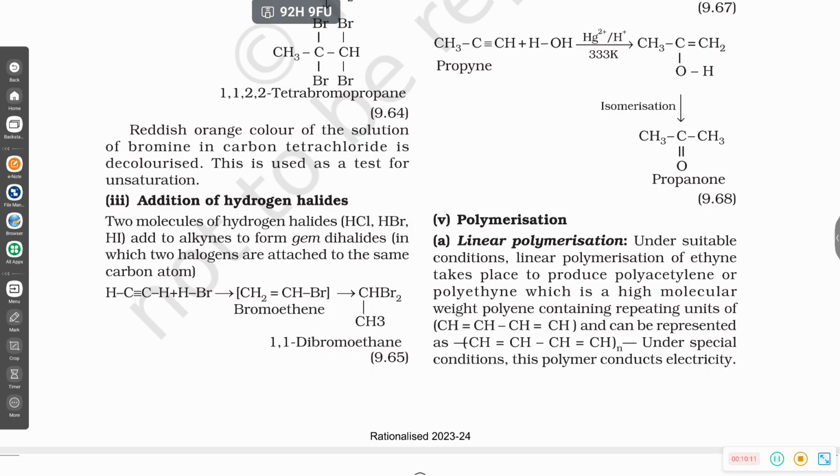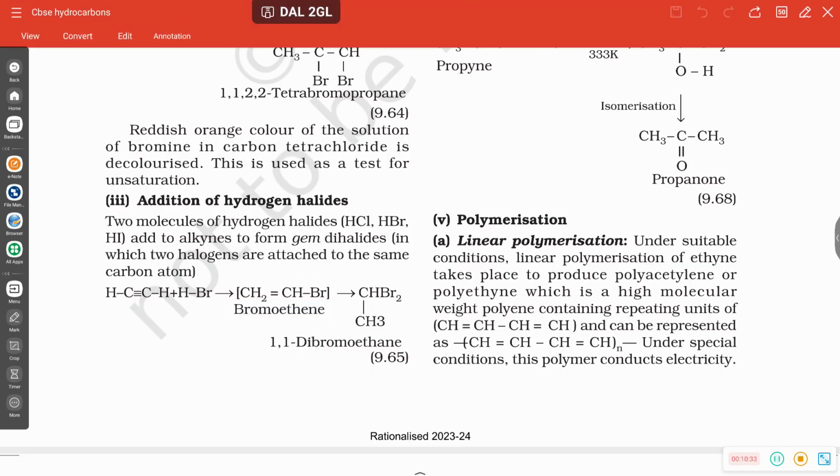Now the question is, again this bond is breaking and HBr has to attack. Where will H attack and where will Br attack? Here positive charge is forming, so Br will attack here. Why like that?